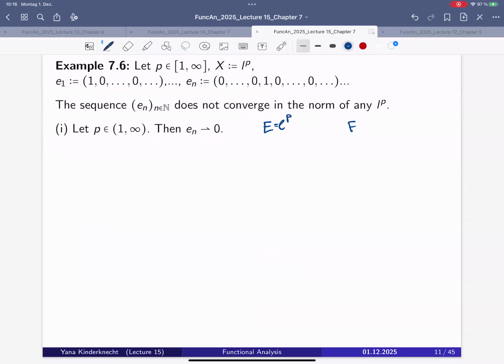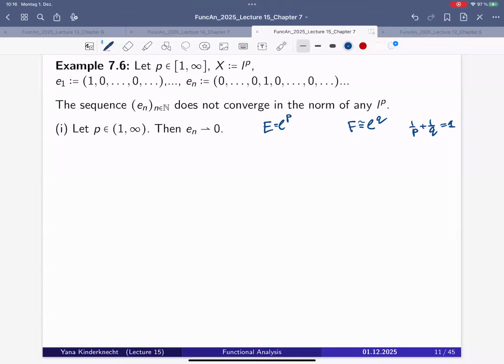The topological dual of LP. What is it? All the continuous linear functionals on LP. Yes, but in this particular case we may say LQ, where 1 over P plus 1 over Q is 1.